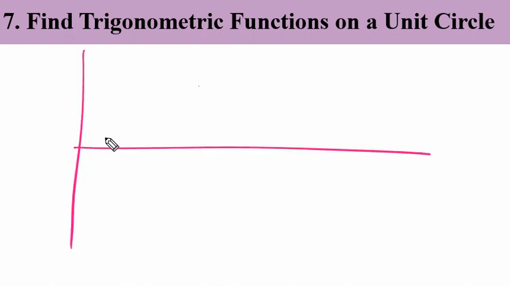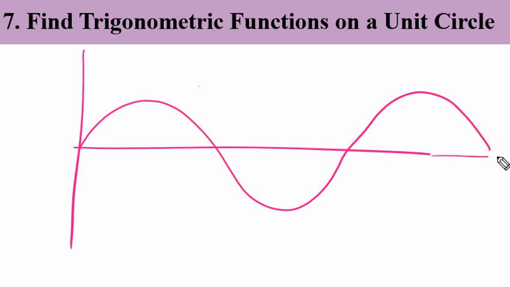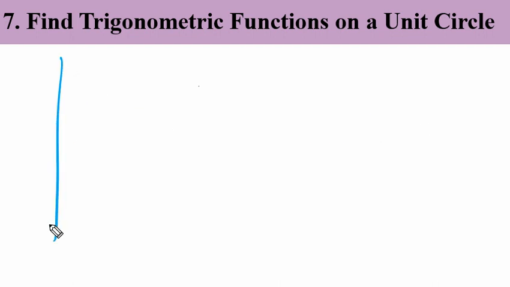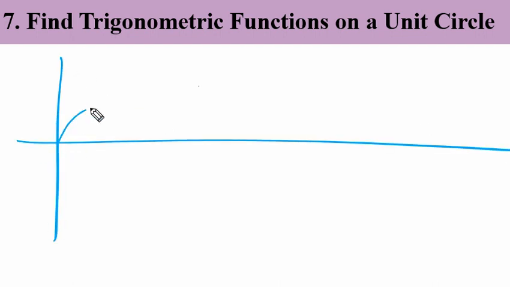If you have the graph, for example, this is your graph and it's going like this. Now the period is when one cycle completes, and after that it starts repeating itself. So let me just draw it again because I will show you the repetition.